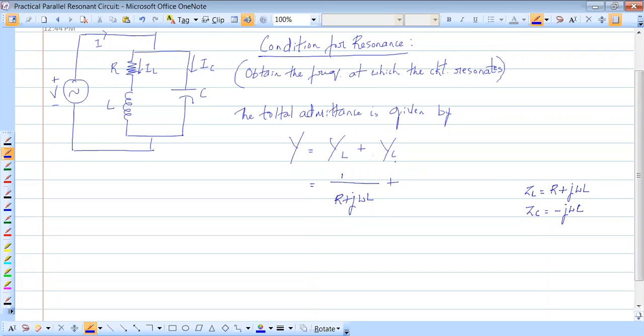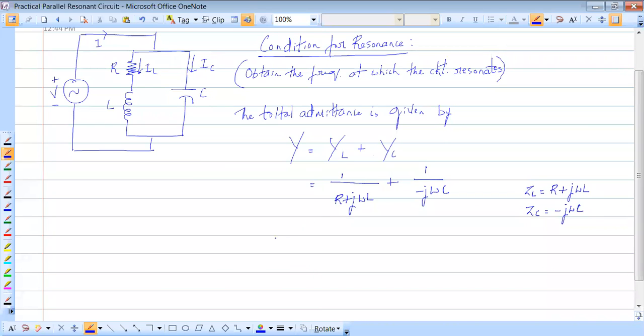What is that? It is 1 by minus J omega C. Now these J terms need to be eliminated from the denominator. If it is in the numerator, it's fine. But I don't want J terms in the denominator.